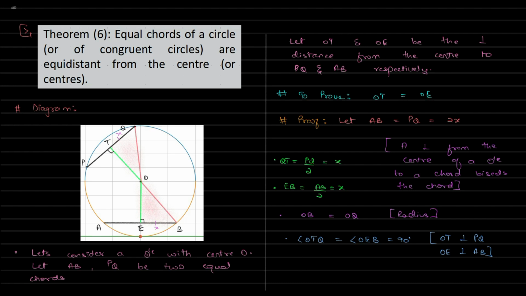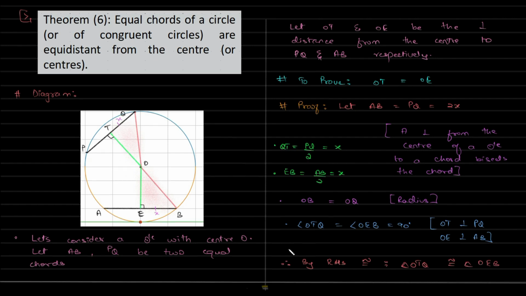With all of this put together, therefore by RHS, right angle, hypotenuse and a side congruency, triangle OTQ is congruent to triangle OEB.